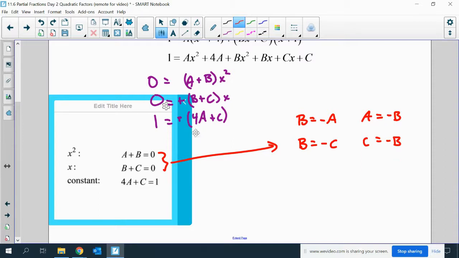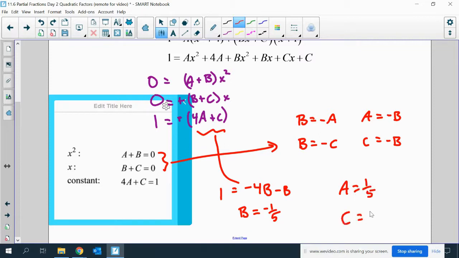So what I can do down here is take this and say if A is negative B, I have negative 4B. And if C is negative B, I have minus another B. And that equals 1. So negative 5b equals 1, or b equals negative 1/5. And then that means that I can figure out what a and c also are. A must be 1/5, and c must also be 1/5.